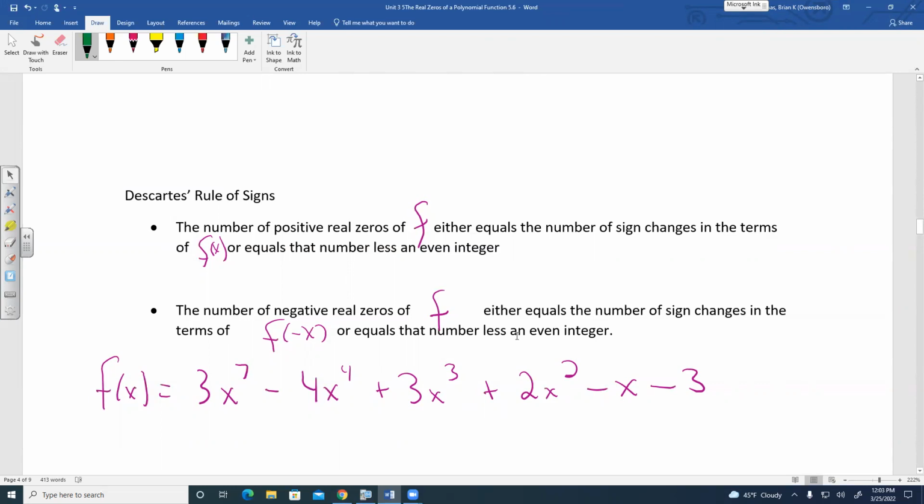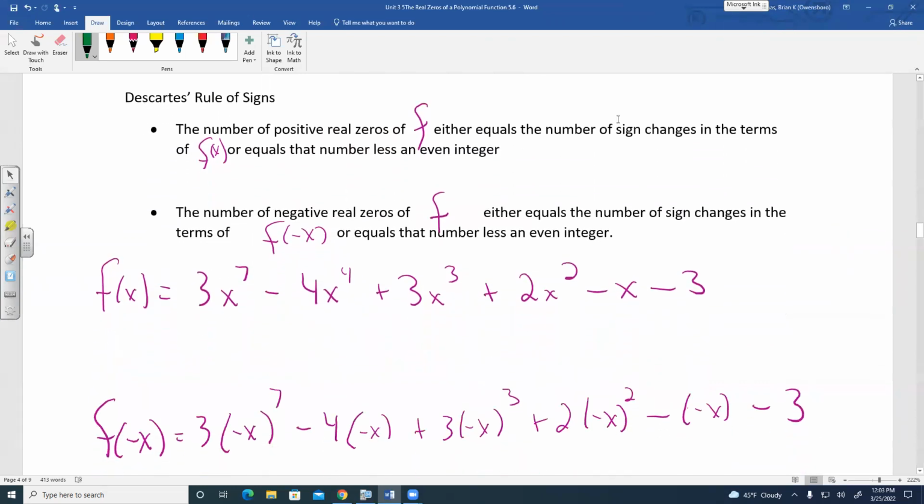Okay. So if I have this function, 3x to the 7th minus 4x to the 4th plus 3x cubed plus 2x squared minus x minus 3, if I want to find possible positive real zeros, what you do is you just count the sign changes of the function.